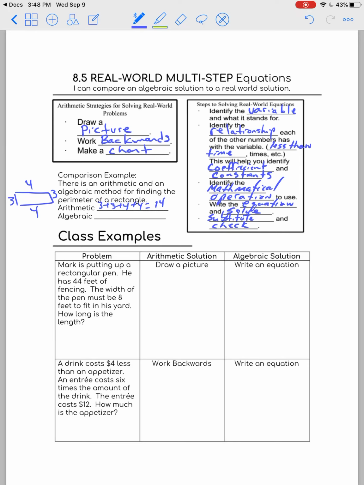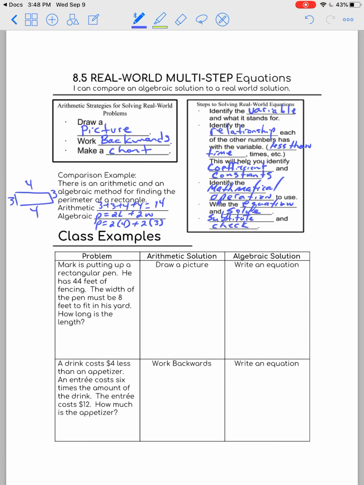The algebraic way would be the perimeter P is equal to 2 times L, the length, plus 2 times W, the width. This would also be P is equal to 2 times 4 plus 2 times 3, which would give you the same answer of 14.